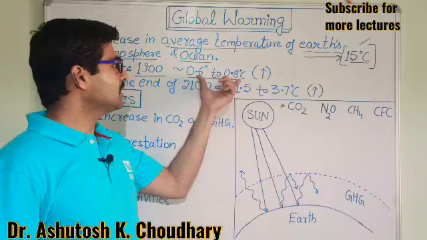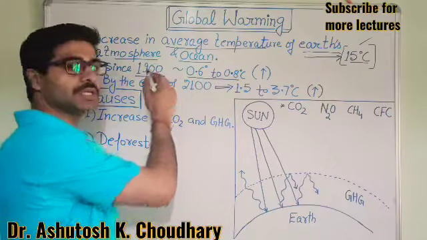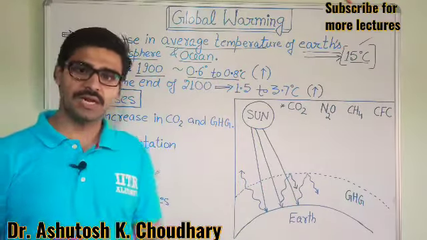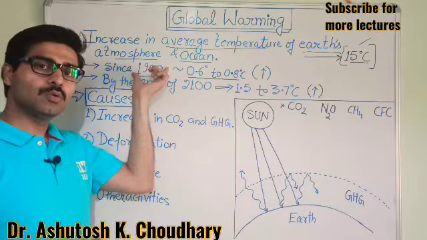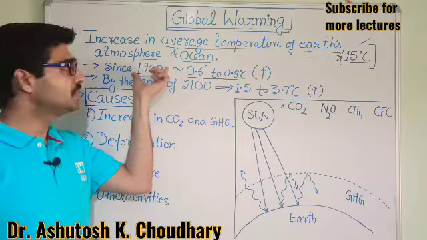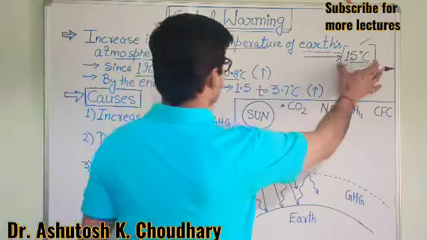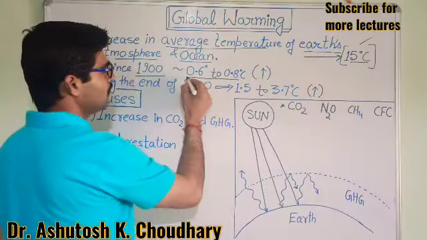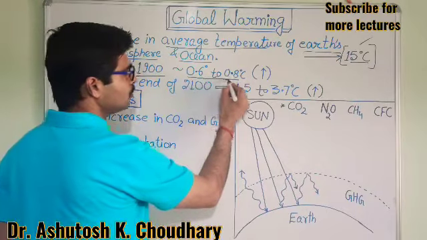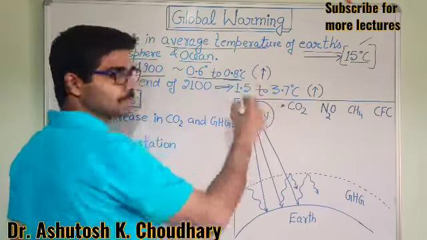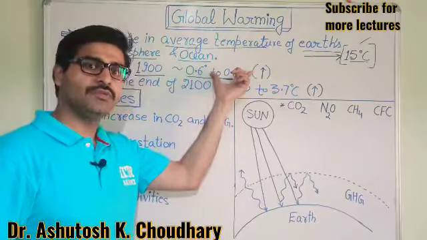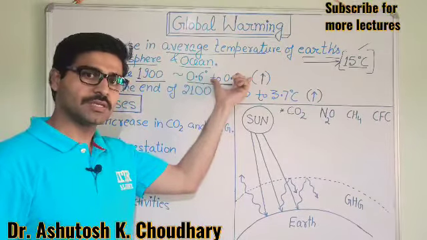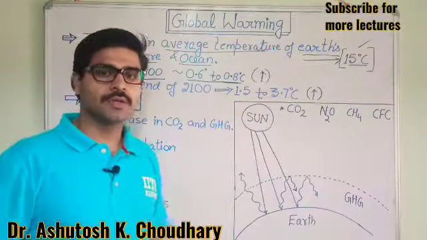That means in the last 120 years, from 1900 to 2020, this average temperature has changed by 0.6 to 0.8 degree. So this increase in temperature of the Earth's atmosphere is simply global warming.